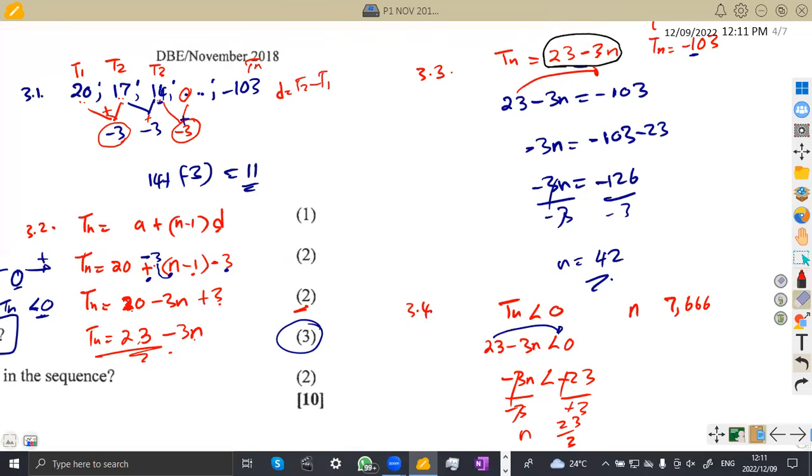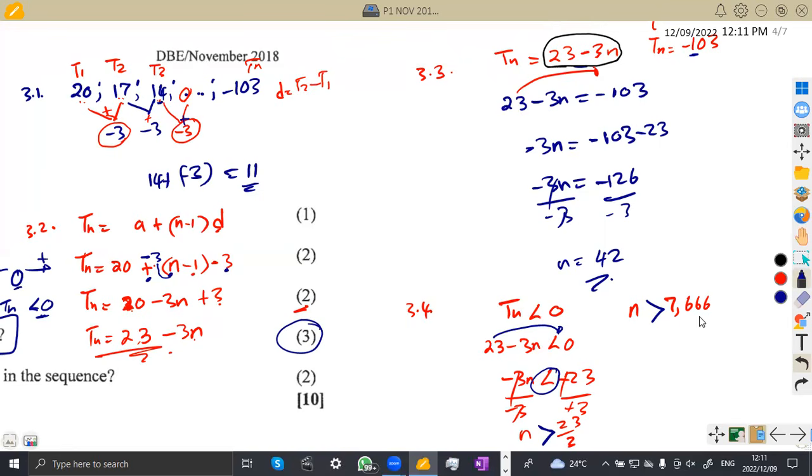If you are dividing by a negative, the inequality will reverse. So let me indicate this, this was actually a mistake. This is a greater than. The moment you divide by a negative, the inequality sign has to reverse. Guys, please take note of this. Whenever you divide by a negative, the inequality sign reverses.